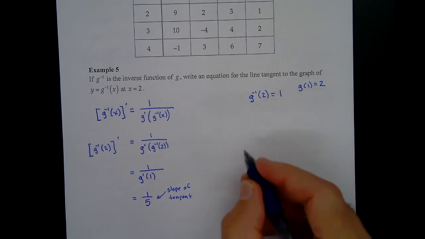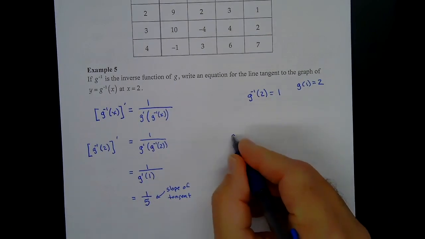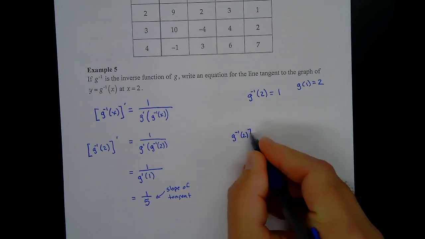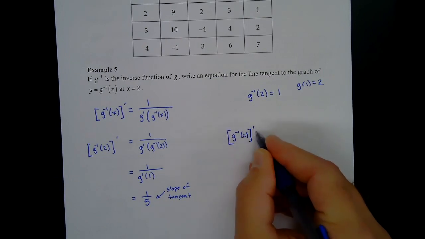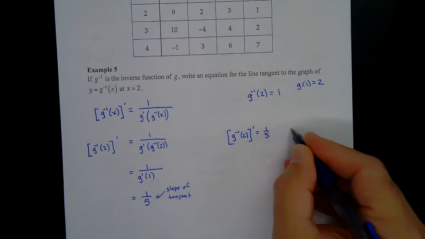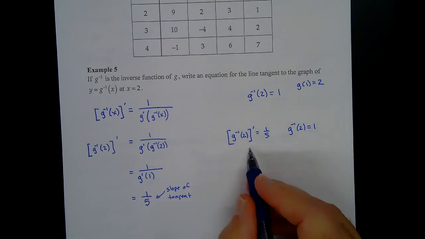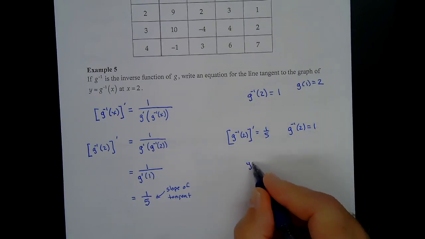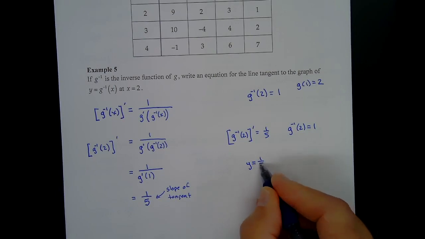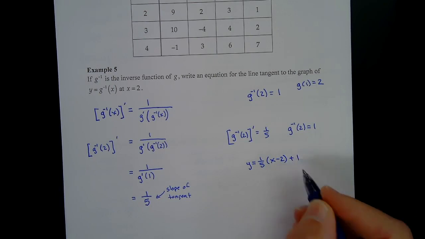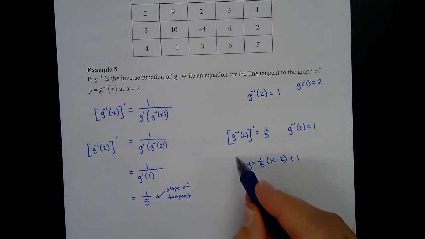So I now know that the derivative of g inverse at 2 is equal to 1/5, and I also know g inverse of 2 is equal to 1. So there's my point, and this is my slope. So it would be y is equal to 1/5 times x minus 2, plus 1. And that would be my equation of my tangent line.